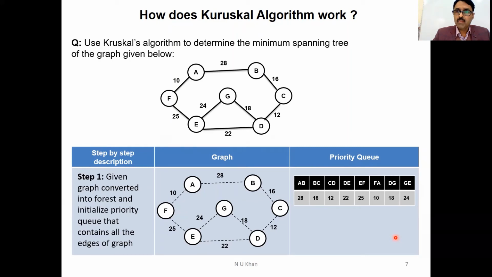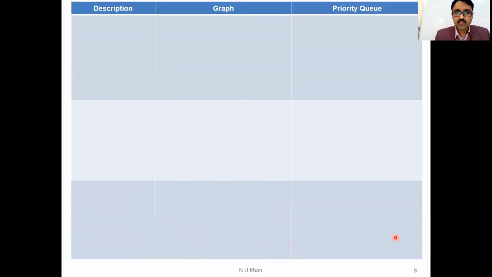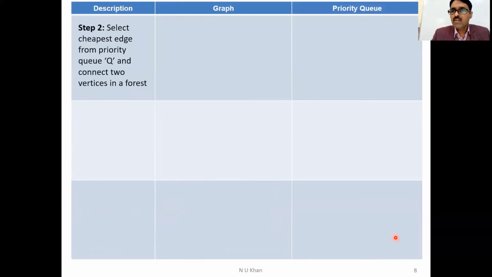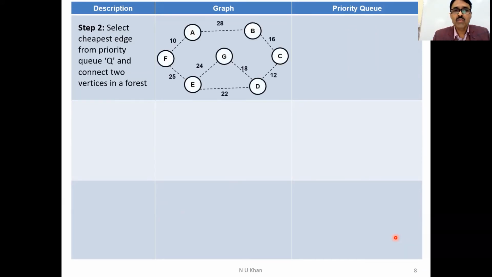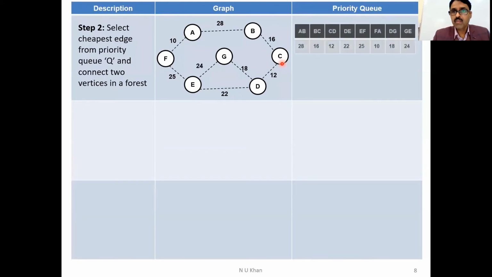Now in step number 2, select the cheapest edge from the priority queue. हम वहां से उसको extract करेंगे. So the given graph is this one. It is a collection of 7 trees and the priority queue is this.